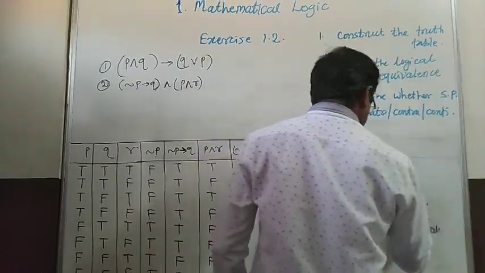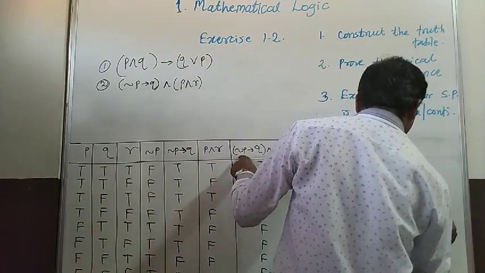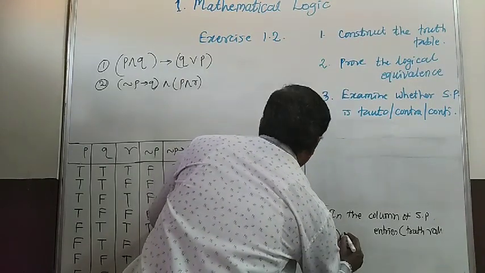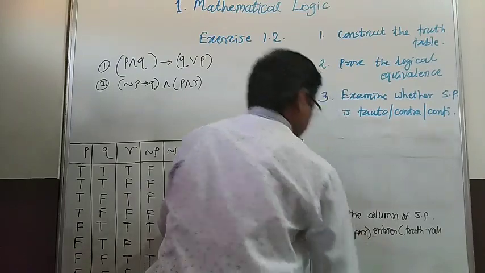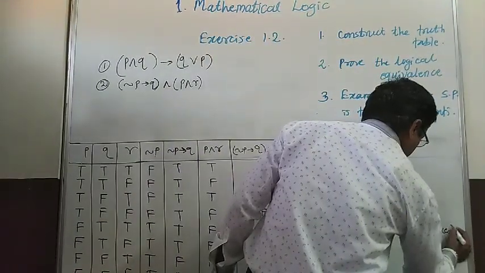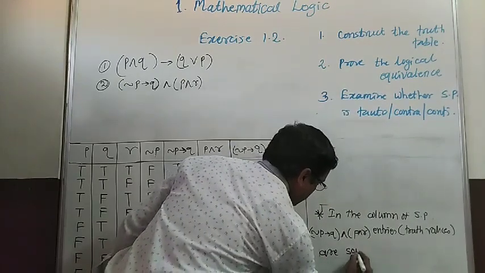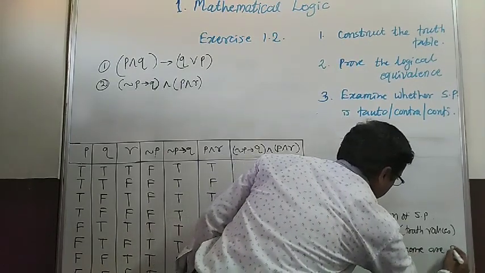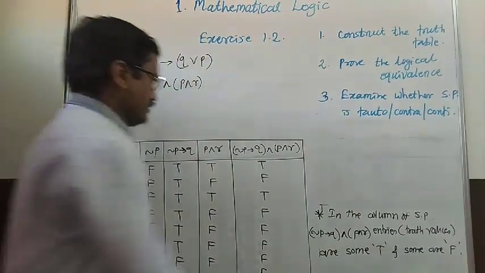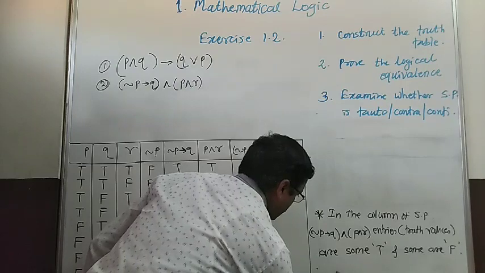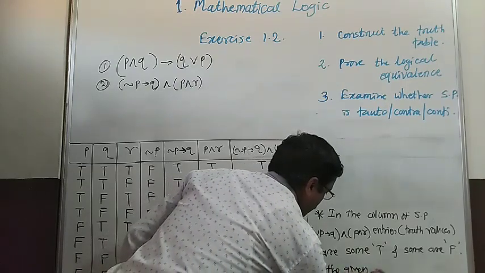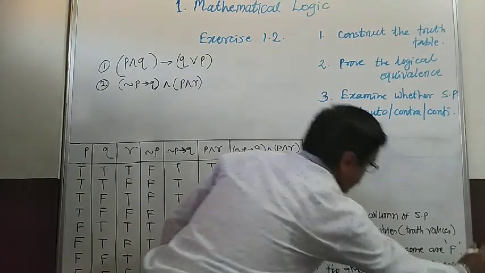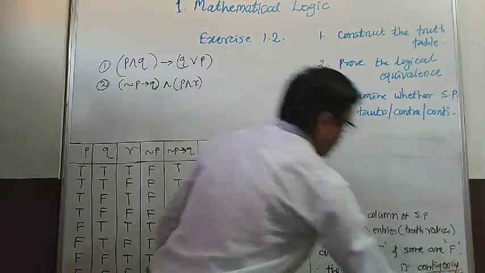In the column of statement pattern, negation of P implies Q and P and R, entries means truth values are some T and some are F. Therefore the given statement pattern is contingency.